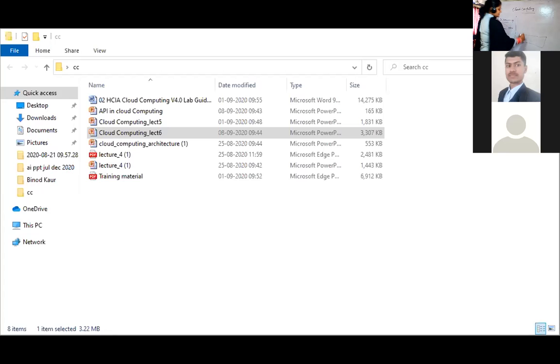Suppose this is a shared space and I have created a cloud. This is the space available in the multi-tenancy environment, and it is being shared by different clients.